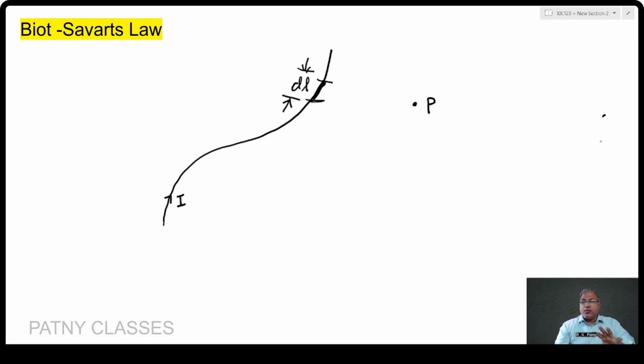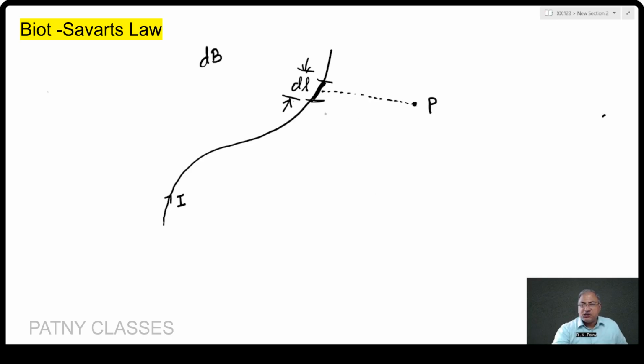You have to select the point such that the magnetic field is easily realized by the compass needle, which will show the deflection. Within that region you have to select the point P. Now join the center of the element to the point P.